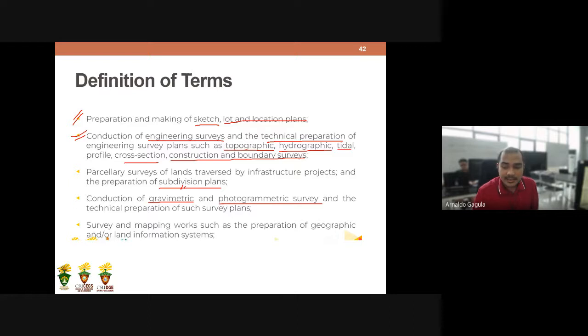Usually drone surveys are now being adapted for property surveys. Next is survey and mapping works such as preparation of geographic information systems. The data we gather on the ground, we input into the geographic information system for the analysis and preparation of plans and maps.